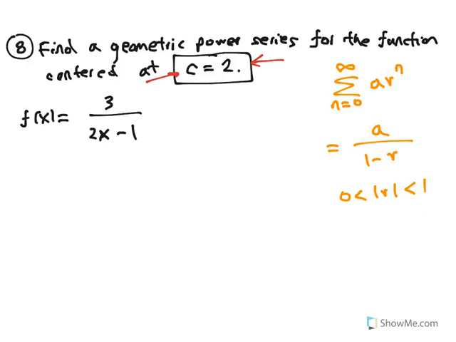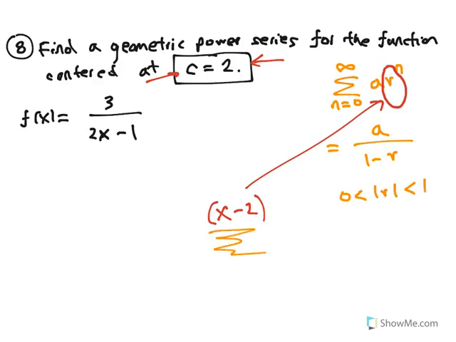And the way you're going to accomplish that is you've got to make sure that when you write your geometric power series, your common ratio will have, well, what do you need for your common ratio so that your geometric power series will be centered at 2? Well, you need to have something in there that has x minus 2 in it, so that we will have a geometric power series that is centered at 2.